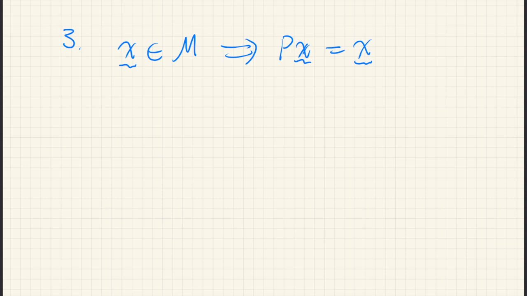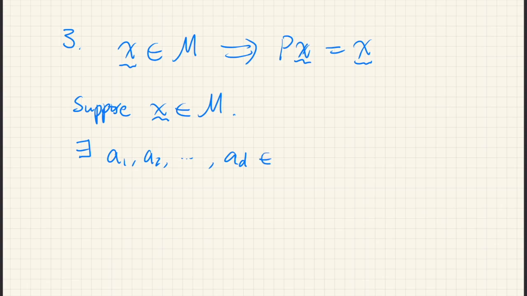So suppose x is in the subspace M. Then this implies there exist a1, a2, and so on up to ad, which are real numbers, such that x is a linear combination of the basis vectors, the sum over j from 1 to d of aj ej.